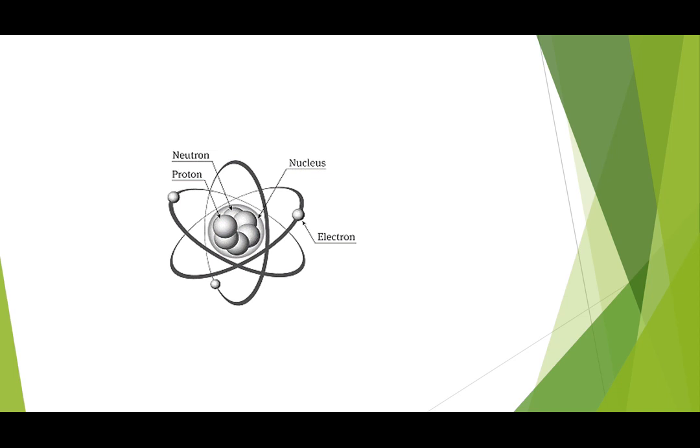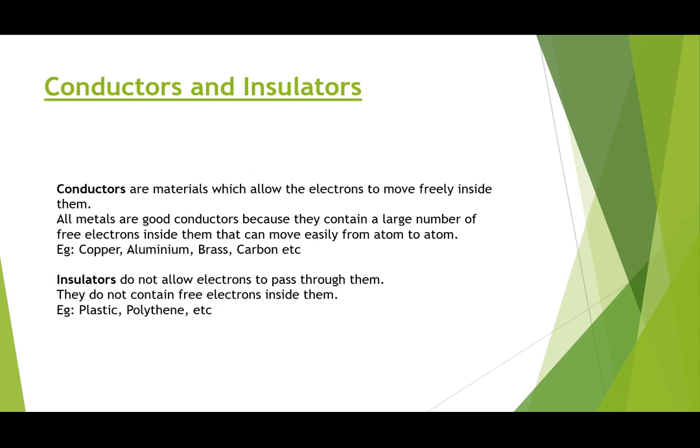So what are the points that we have to write there? Protons are positively charged, electrons have negative charge, the total number of protons and electrons are equal, the charges cancel each other, and the neutrons do not have any charge.